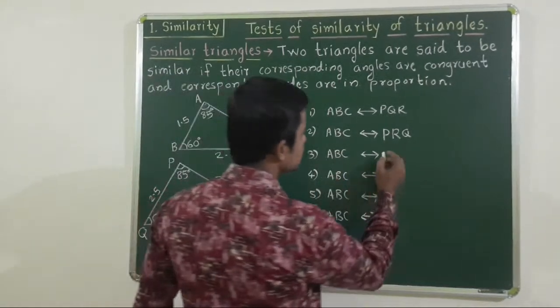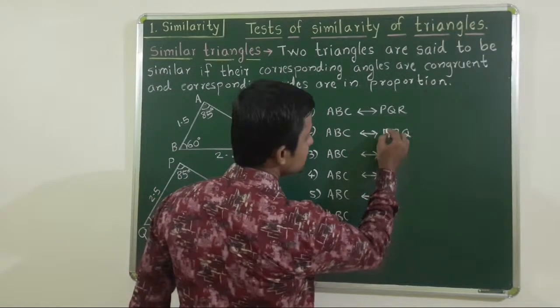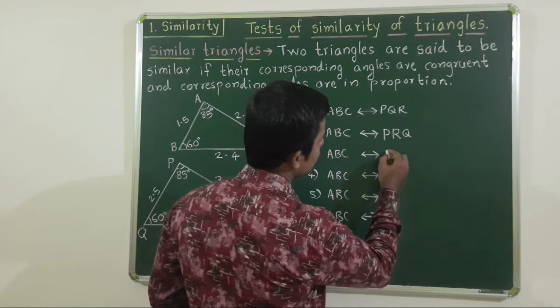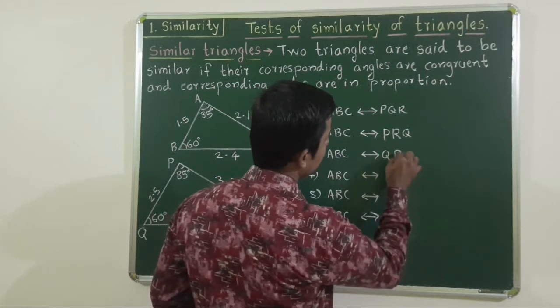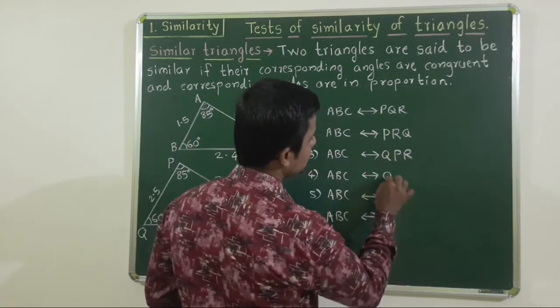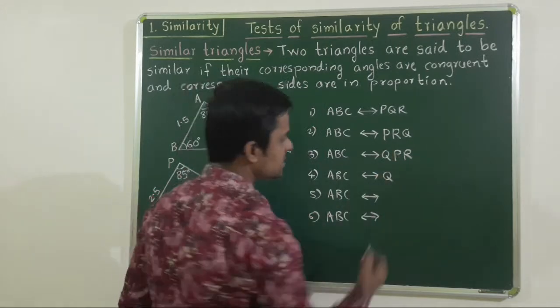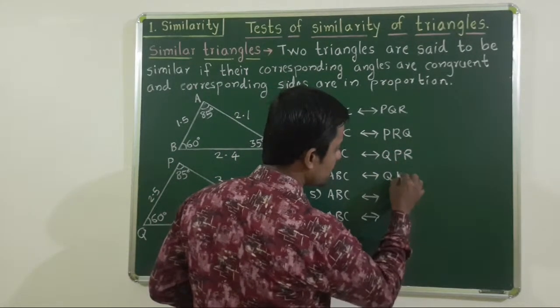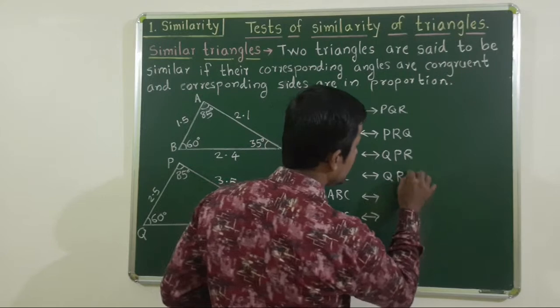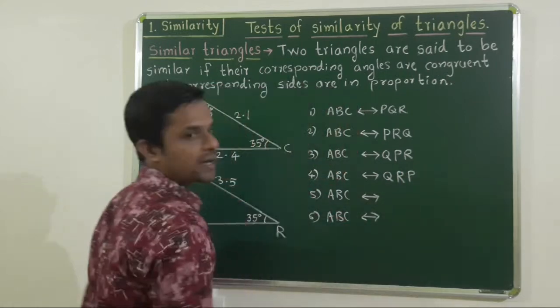Now the third one, ABC same again, changing the first letter, I'll change it to Q, P, R. Again Q first letter the same, and in place of PR I'm going to write RP, replacing PR by RP.